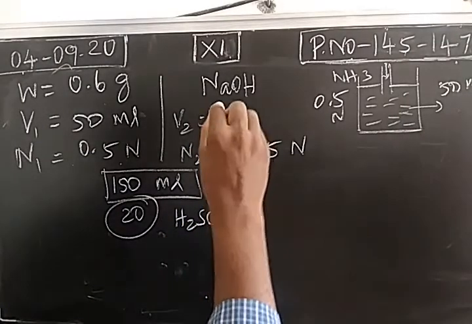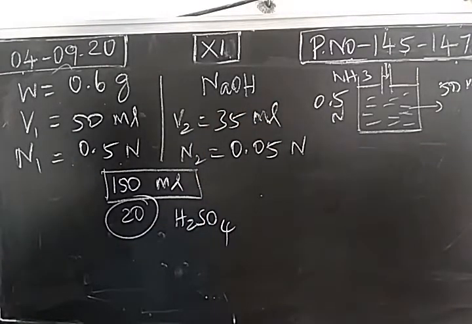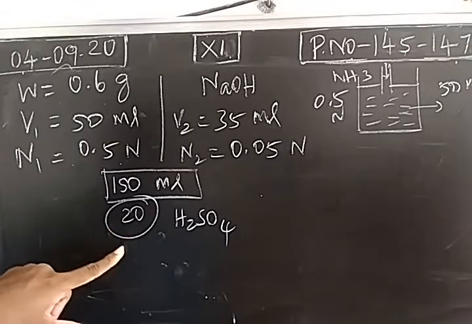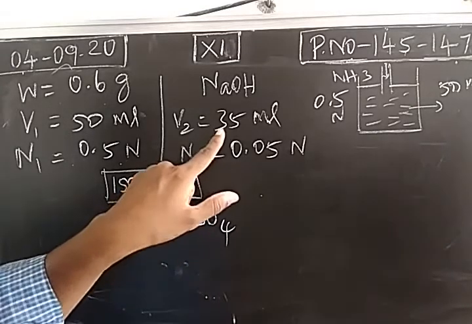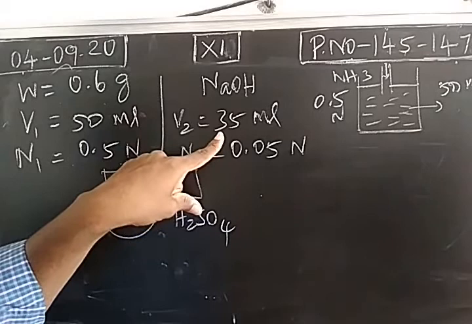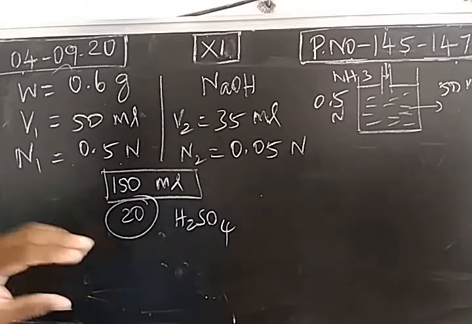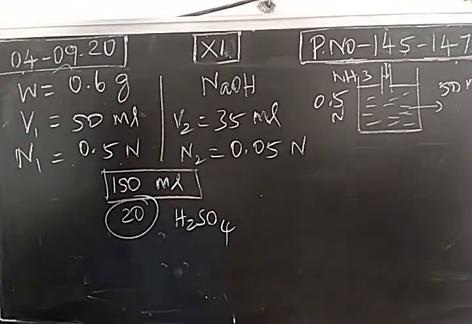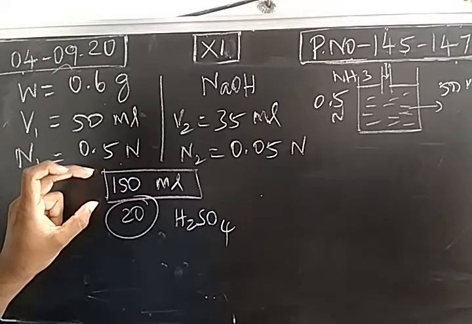How much sodium hydroxide is required? 35 ml sodium hydroxide is required to neutralize 20 ml sulfuric acid, so the reaction will be completed. When we use phenolphthalein indicator, the color will disappear when the burette reading is 35 ml. So from the receiver, we made a 150 ml solution by dilution.